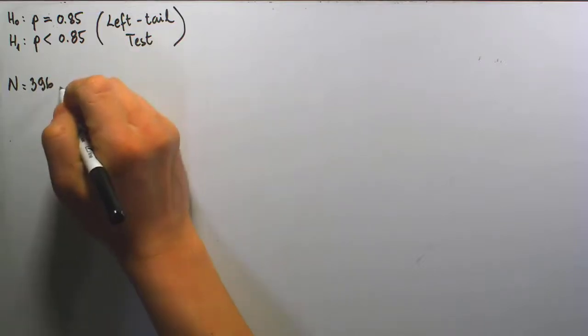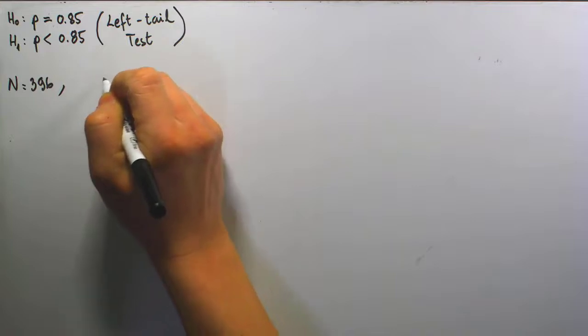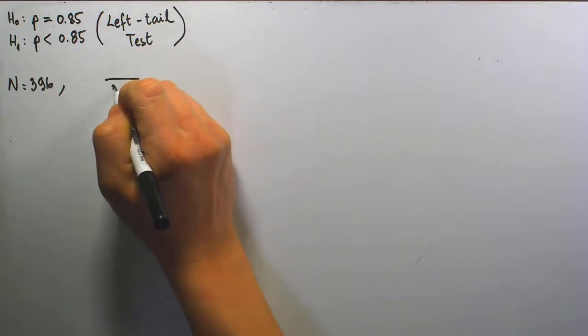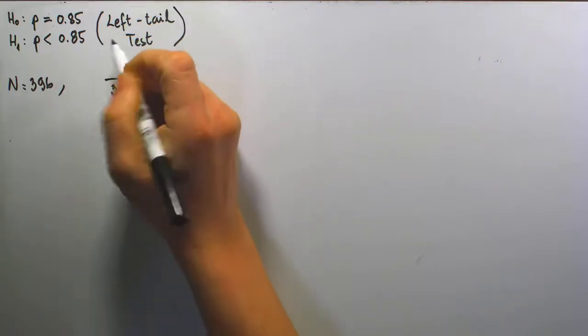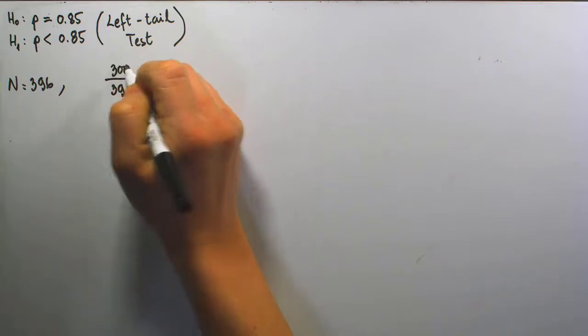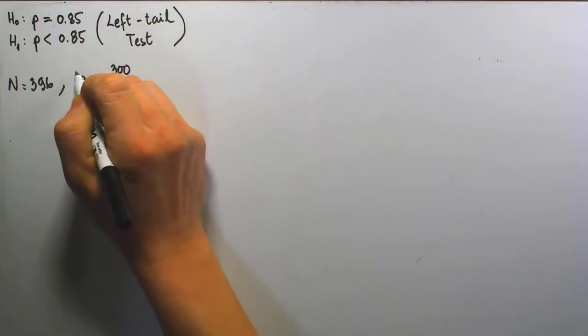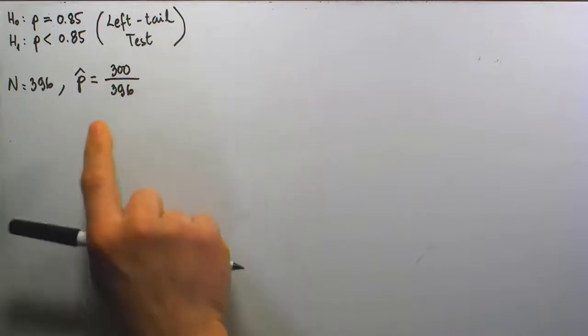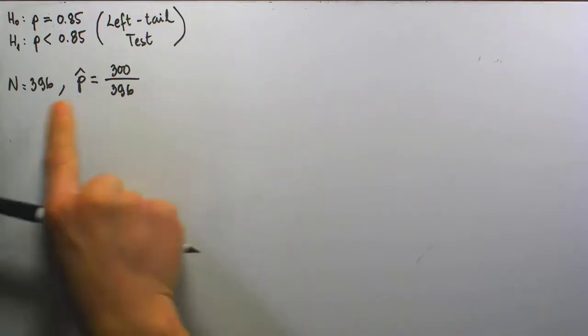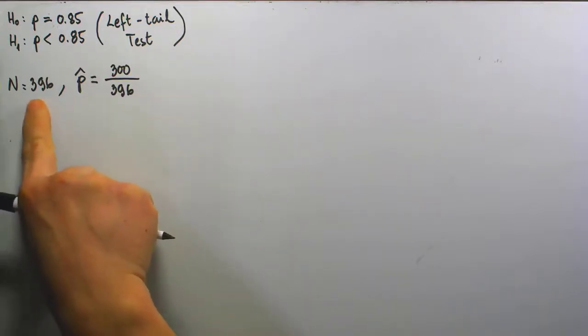And in this sample of size 396, we found a count of 300. So this is going to be our sample proportion, the proportion of iPhone users in our current sample at size 396.